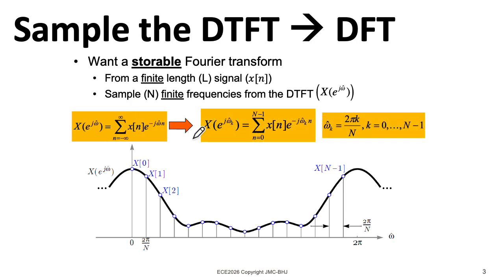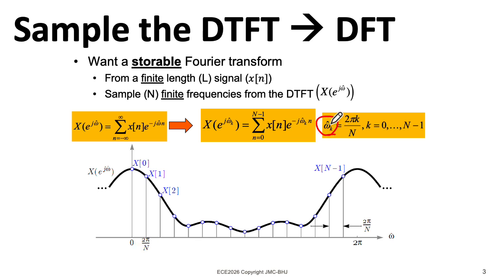Now let's suppose that our signal is 0 outside this range of little n equals 0 to capital N minus 1. And let's evaluate our discrete time Fourier transform at specific frequencies, namely a set of samples that are 2 pi over capital N apart.